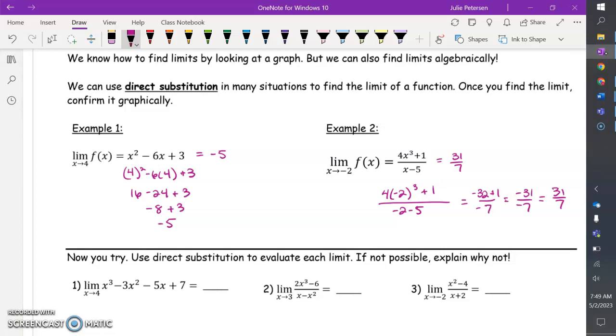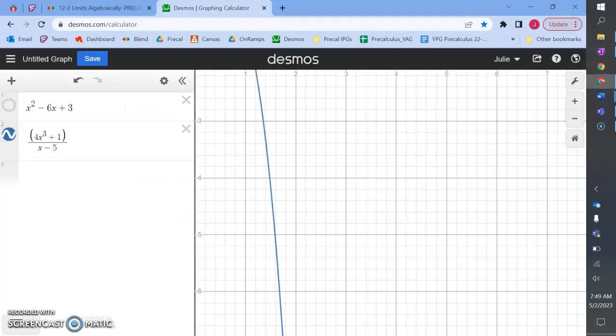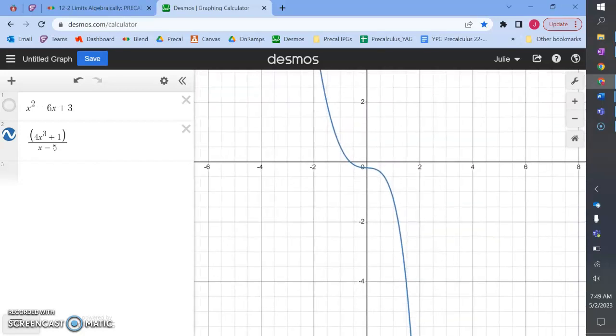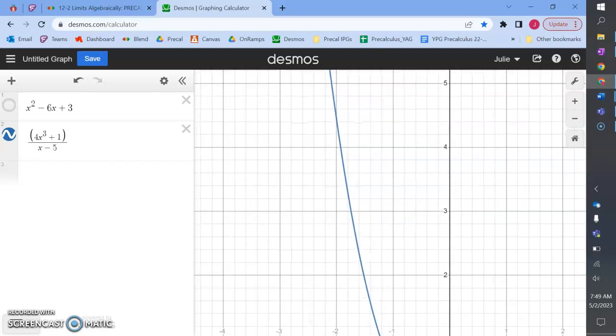If we look at our graph, let's check out this function now. And we're supposed to evaluate this at x approaching negative 2. So here we are approaching negative 2, and from the left, here we go, getting close to 4.3 or 4.4. And then here, same thing, as we get closer to negative 2, 4.4 something.